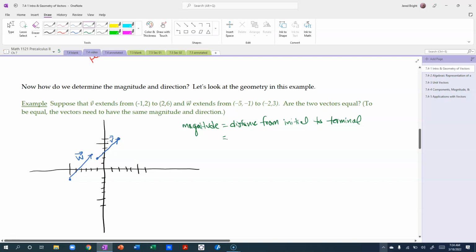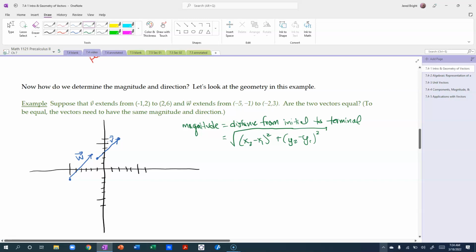It tells us the straight line distance between 2 points. Formally, that formula is the square root of the difference in the x's, x2 minus x1 squared, plus y2 minus y1 squared, and then the square root of that.